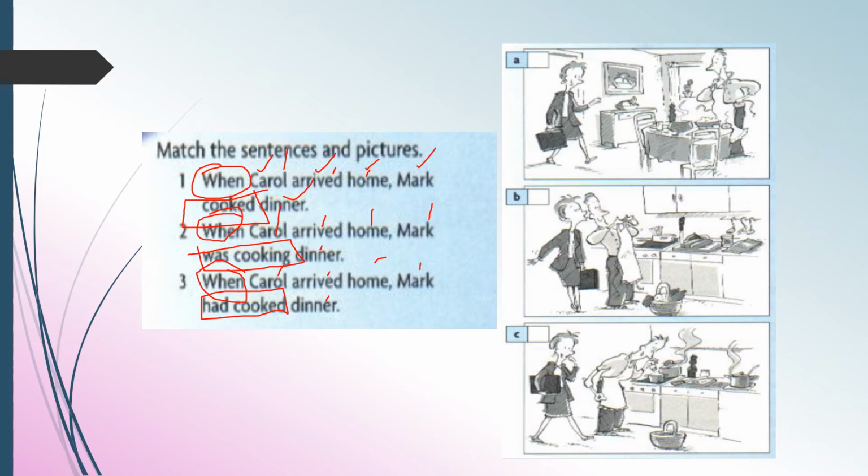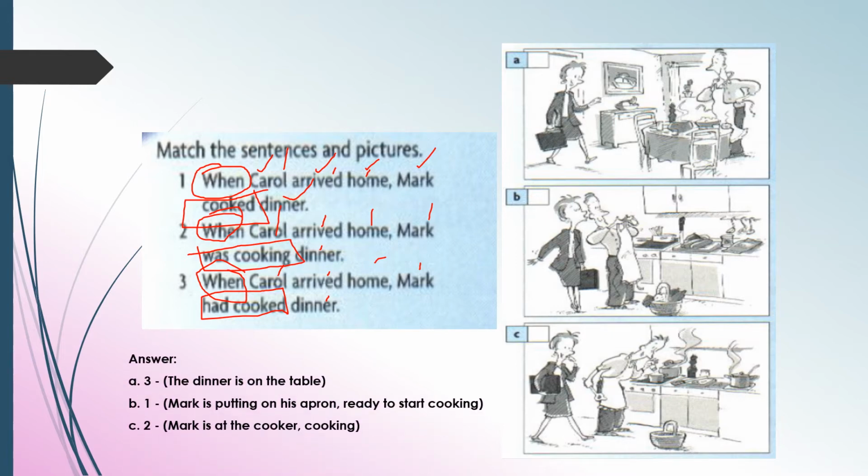Okay, now I think you have come back with your answers, so I will be here with the answers and the explanation, and you can synchronize your answer with mine and understand the situation. As I analyze this, here are the answers. Answer 1, that means picture A will go with sentence number 3. Sentence 3 is: when Carol arrived home, Mark had cooked dinner.